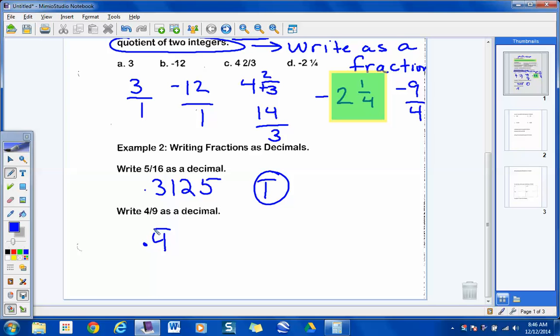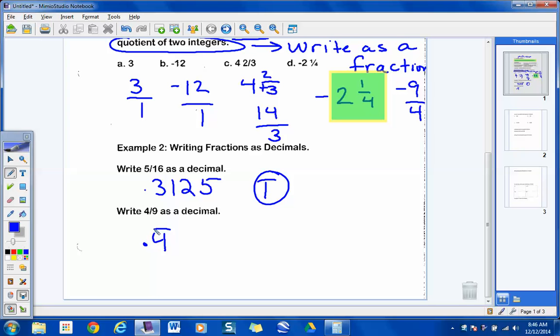Hey, I got a question here. This is a repeating decimal, right? Yes. Can repeating decimals be expressed as fractions? No. Didn't this repeating decimal come from a fraction, 4 over 9? Yes. So the question is, can a repeating decimal be a fraction? So that means repeating decimals are what kind of number?